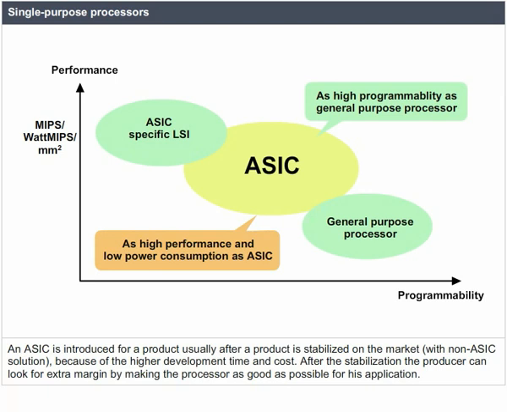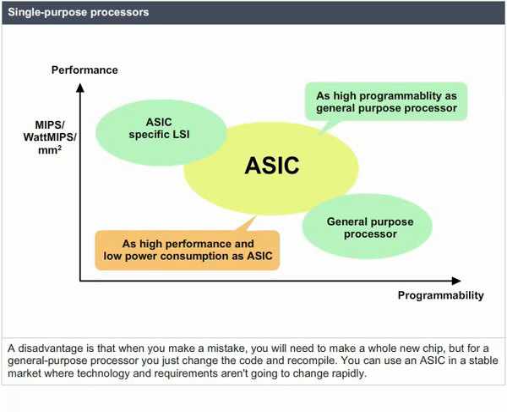After stabilization, the producer can look for extra margin by making the processor as good as possible for the application. A disadvantage is that when you make a mistake, you need to make a whole new chip, but for a general purpose processor, you just change the code and recompile. You can use an ASIC in a stable market where technology and requirements aren't going to change rapidly.